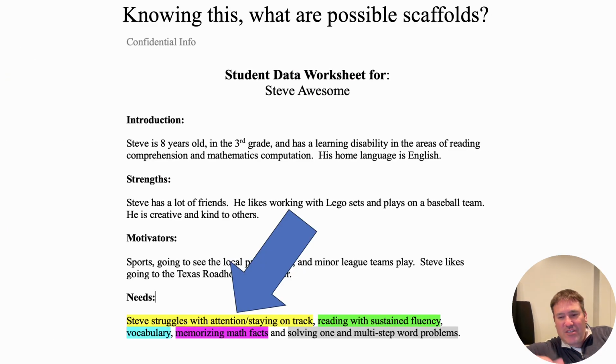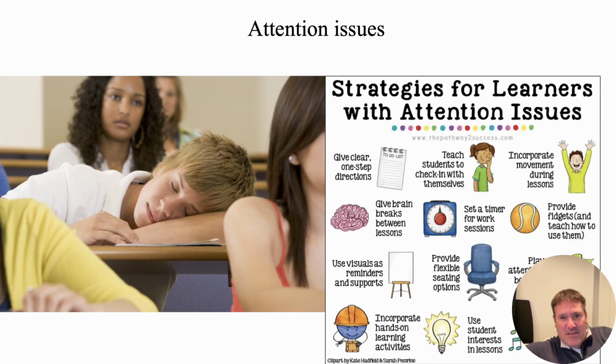In other words, if Steve struggles with staying on task, what kinds of scaffolds and adaptations can I make that are known to be effective for kids that have a disability or a learning challenge of that sort? Giving clear directions, brain breaks, fidgets, seating options, incorporating student interests.